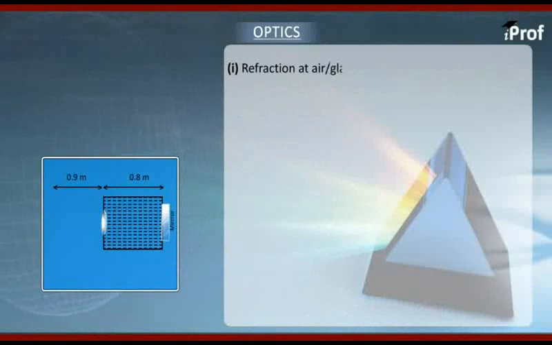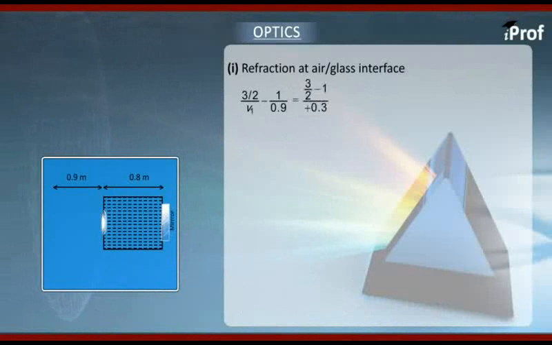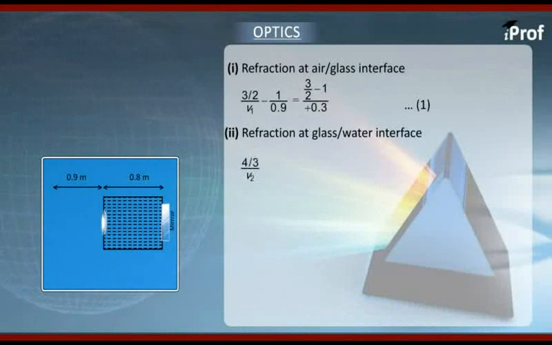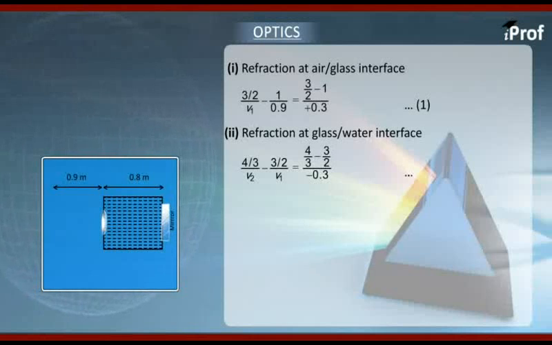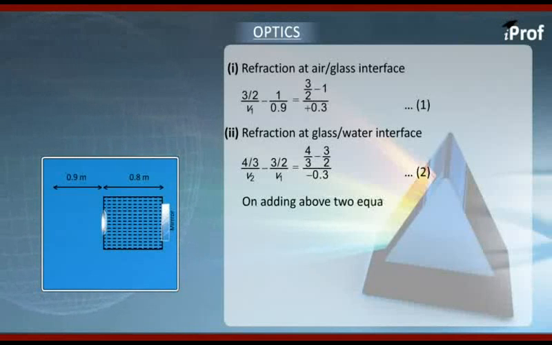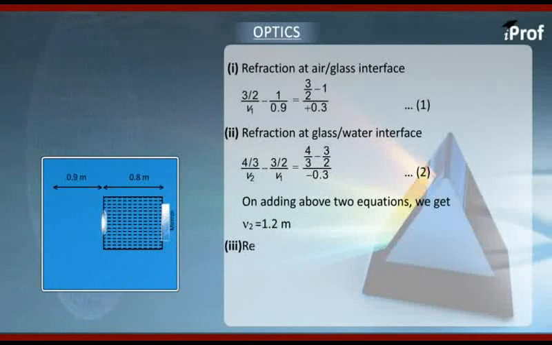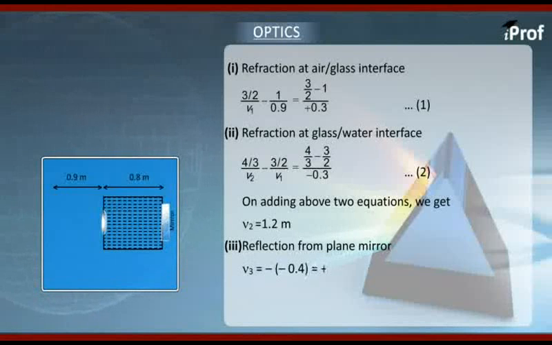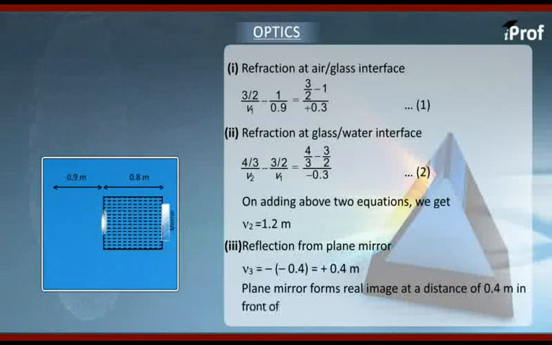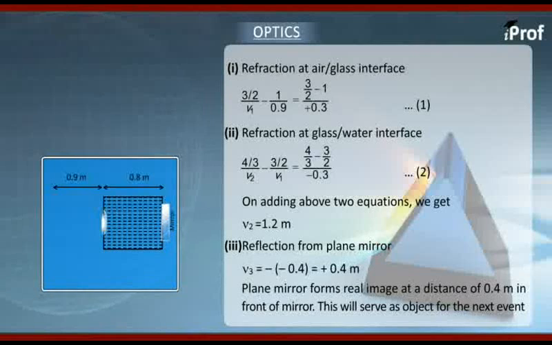So let's take up the first event. For the first event, that is air glass refraction, using appropriate sign convention and using the equation mu2 by v minus mu1 by u is equal to mu2 minus mu1 over R, let's make the relevant substitution. Here the value of u will be minus 90 centimeter.